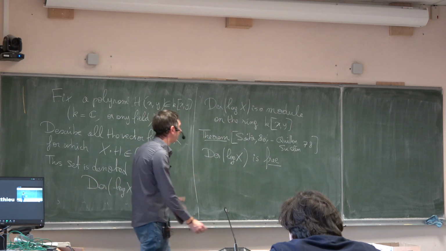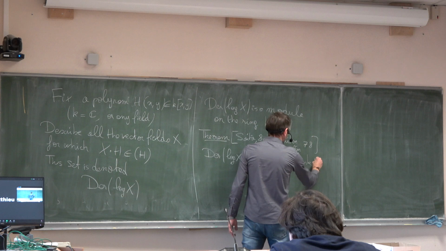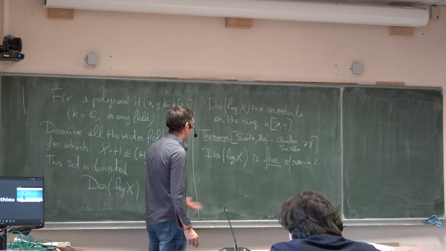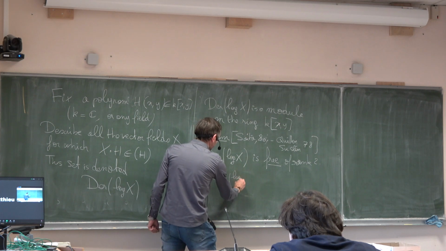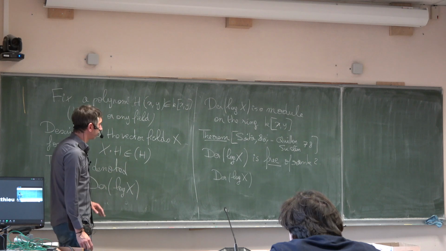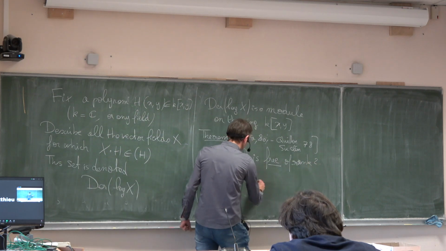Meaning that it's free and of rank 2. Meaning that you can obtain a very easy description of all the vector fields for which H is a solution, just using two vector fields. This is rank 2.